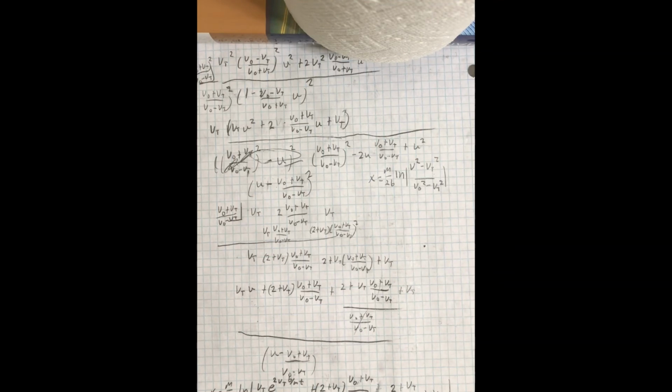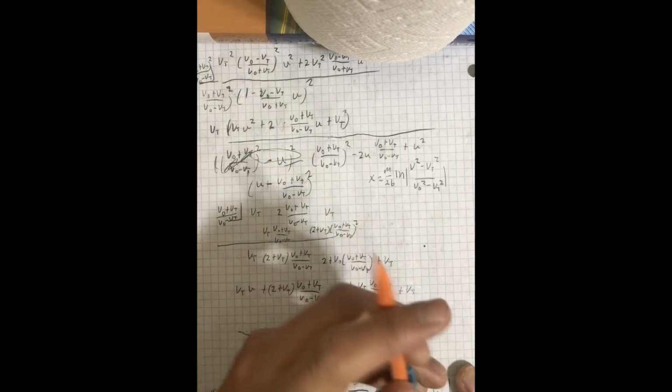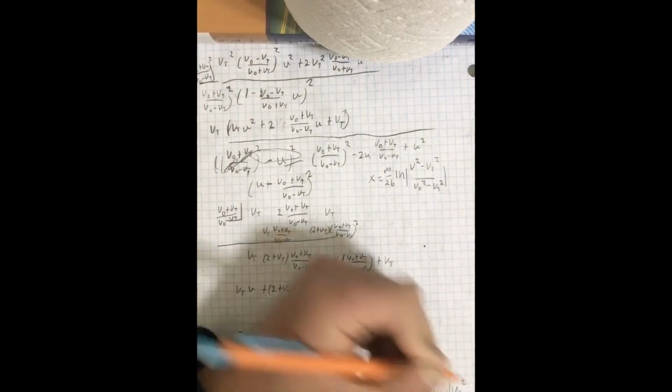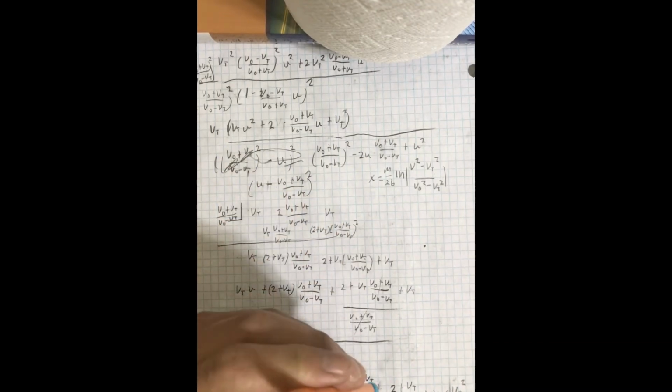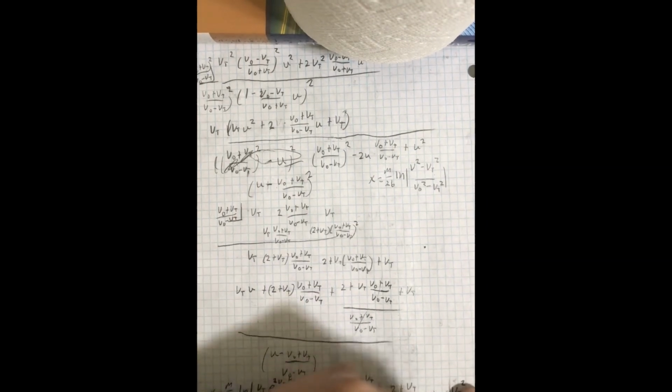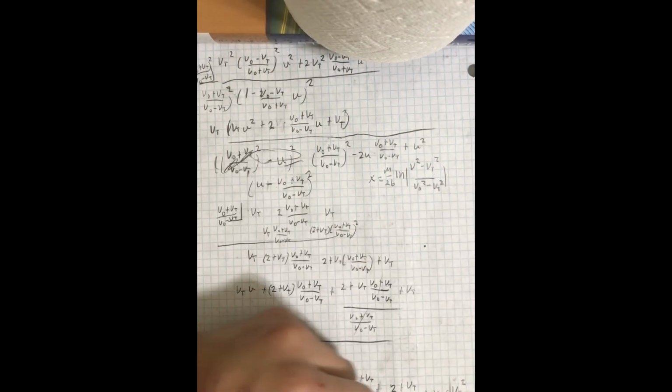Wait, where was I? Oh, I forgot the rest of this actually. And this is going to be minus vt squared. And then all this is going to be over v naught minus vt squared.